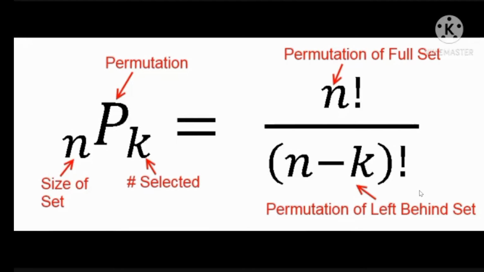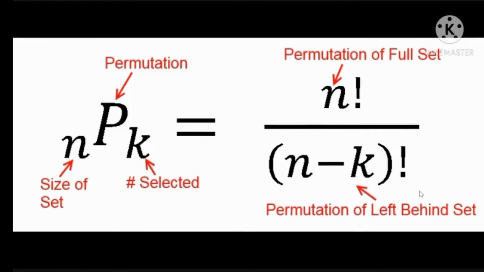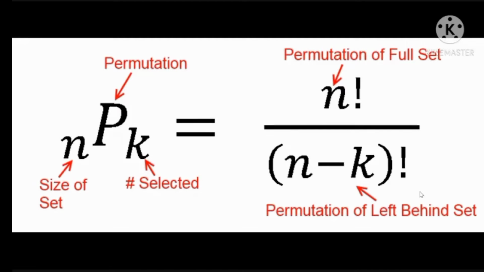P represents the permutation, n is the size of the set, and k is the number selected. N factorial is the permutation of the full set, while the quantity of n minus k factorial is the permutation of the left-behind set.